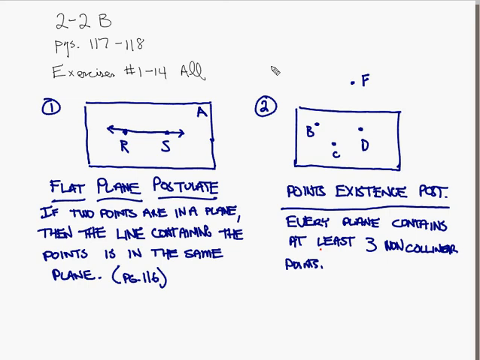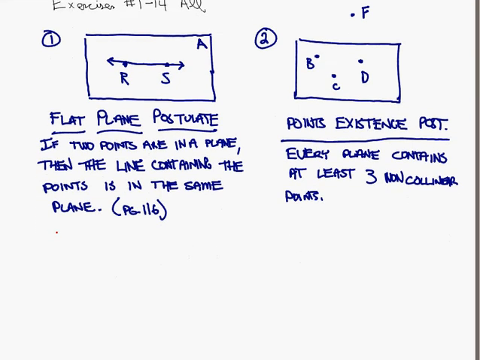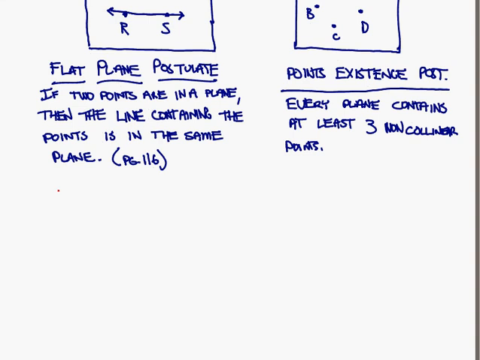Alright? For problems 3, 4, 5, and 6, determine which statement is true or false. If true, state the postulate or postulates that justify it. If false, state or sketch a counterexample.